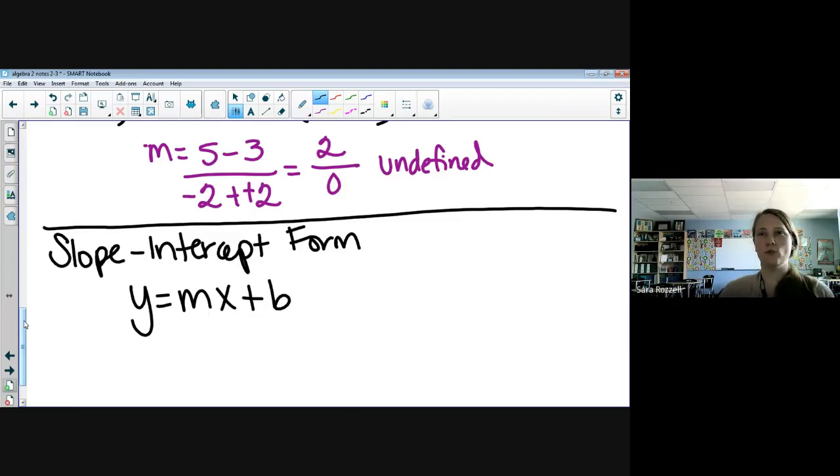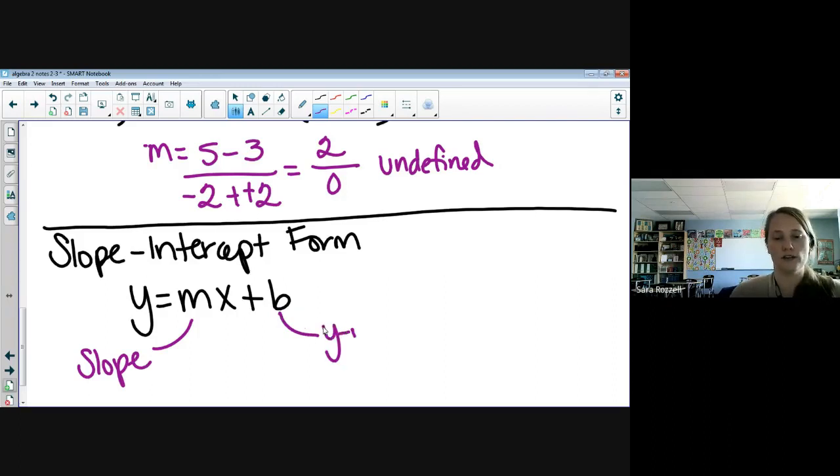This is an easy form for us to graph from because it tells us where to start and it tells us what to do once we are in our beginning position. So our m, obviously, we've been using it this whole time today, stands for our slope. And our b, not so obviously, stands for the y-intercept.